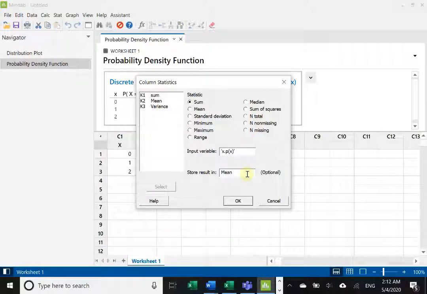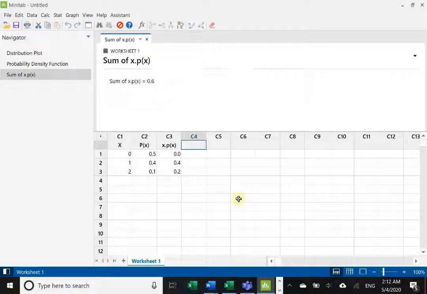So let's just call it mean. There you go. Now, one thing, by the way, notice it didn't show that mean in here, but it's there. That mean is actually there. And now we can use that mean in our computation.